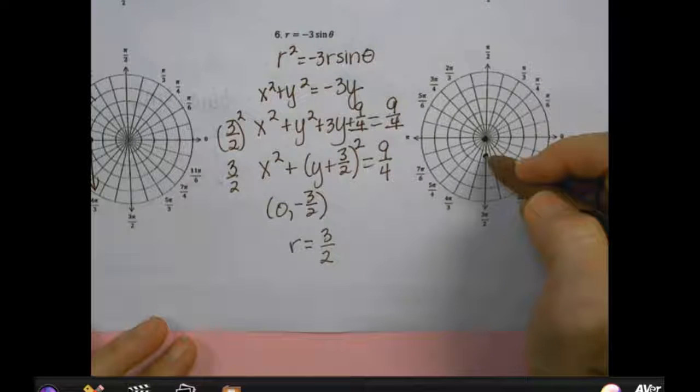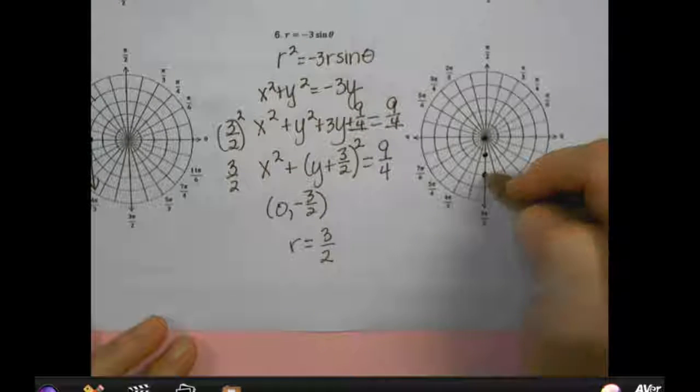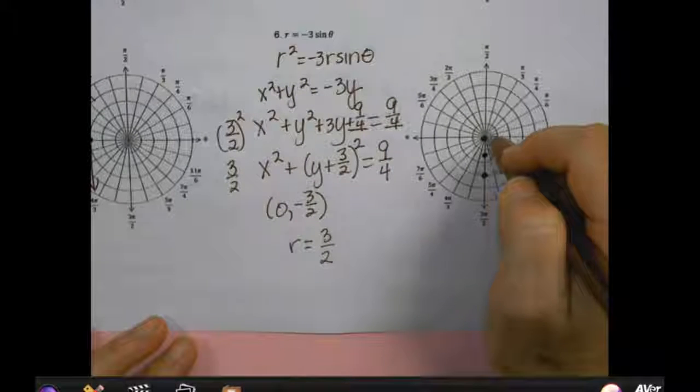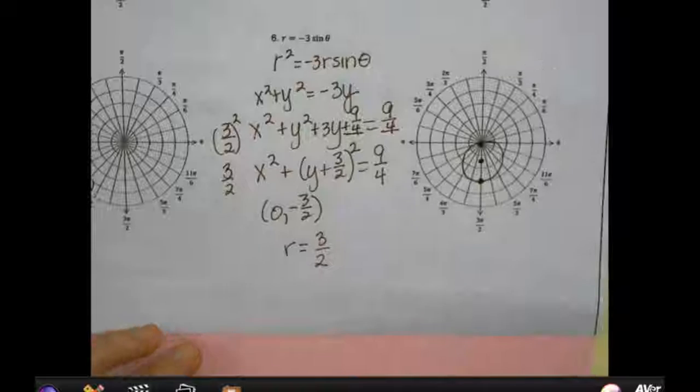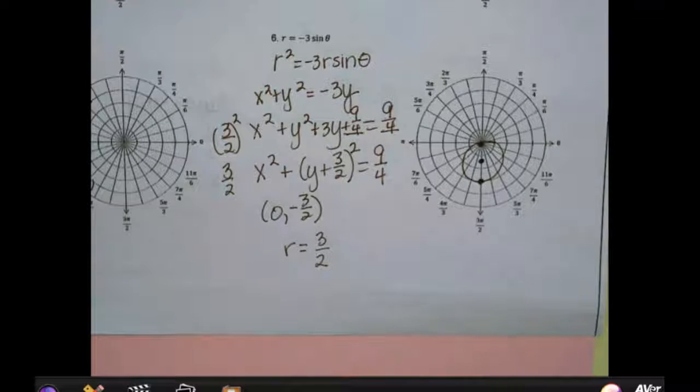And then if I add another 3.5, I end up at 3. And we're just going to agree that it's a circle when I draw it. No matter what it looks like, we're agreeing it's a circle. And it's going to look like that. That's it.